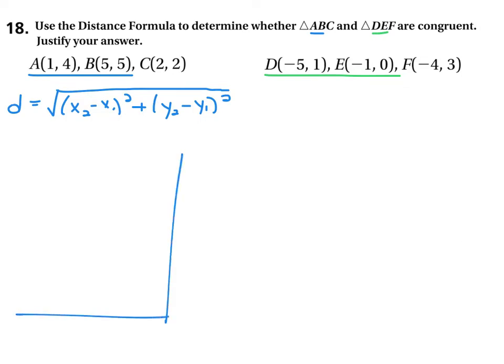Essentially, it's like this. If we want to know this distance right here, we can do that by doing a squared plus b squared.